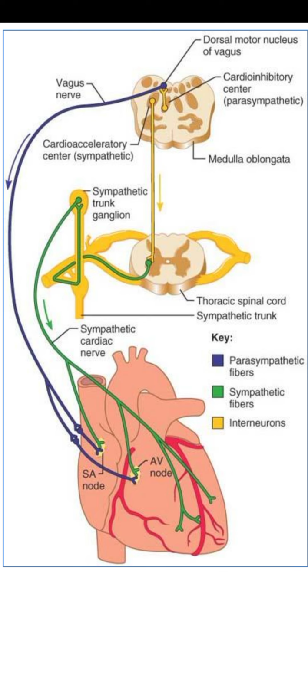So the parasympathetic also has ventricular connections. So in the SA node and the AV node, the sympathetic cardiac nerve accelerates the heart activity by production of epinephrine and noradrenaline. So the SA node and the AV node are interconnected with interneurons.